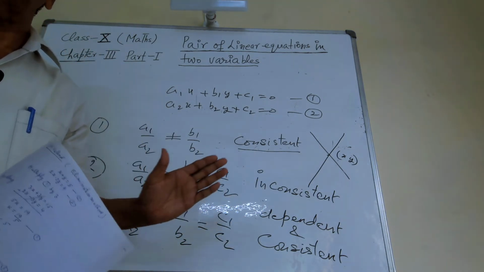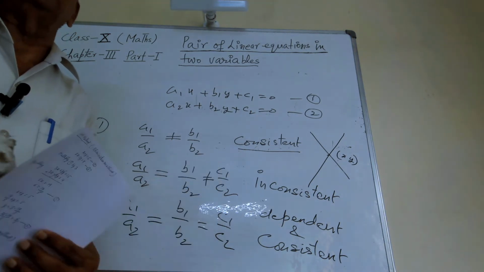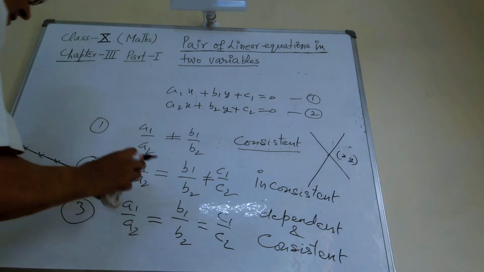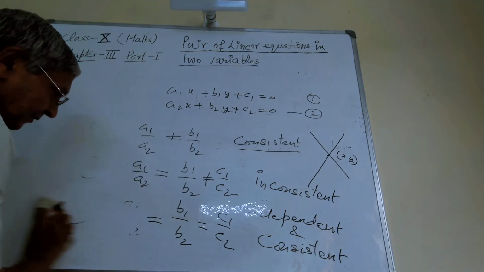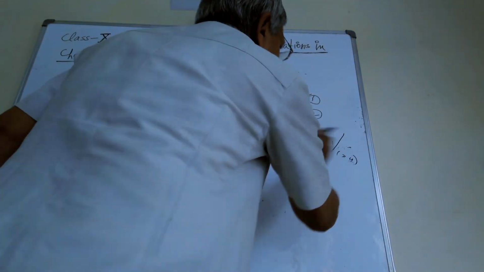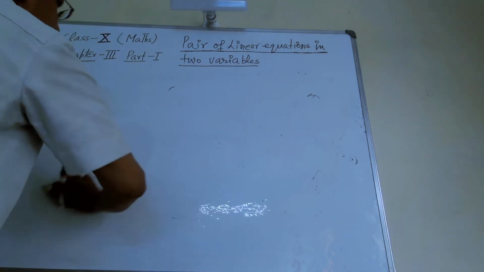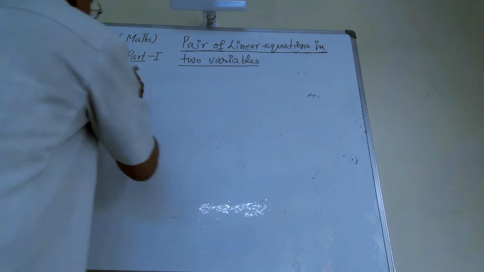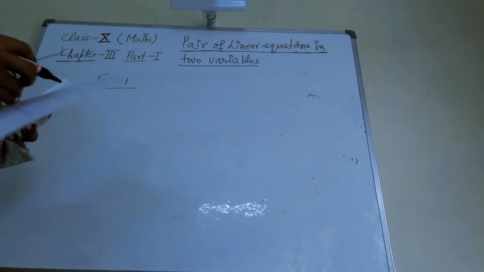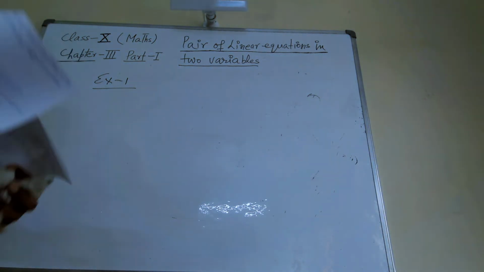All the points on it are solutions, so there are infinite solutions. Now I am taking examples of which equations can be solved and which cannot. So, first example.